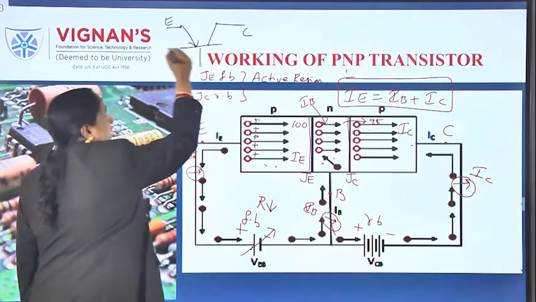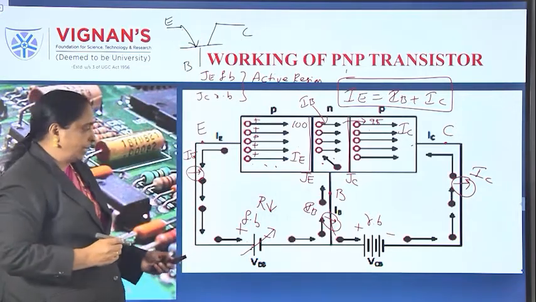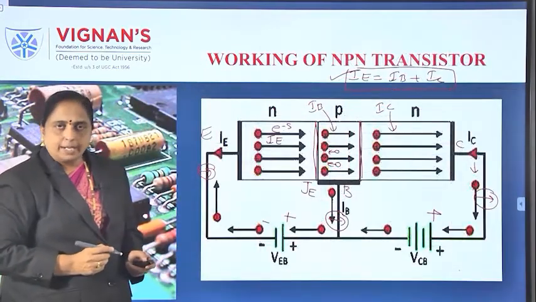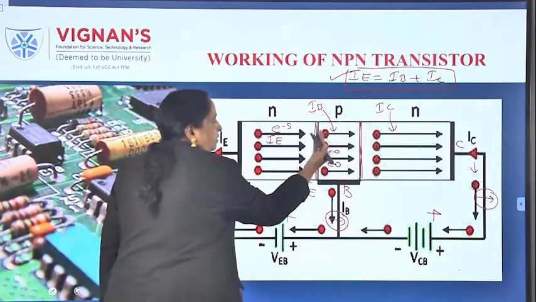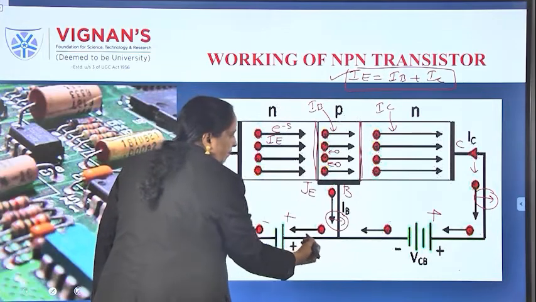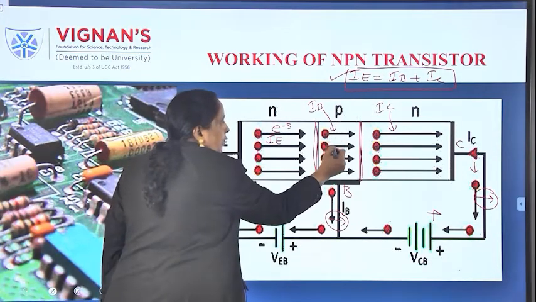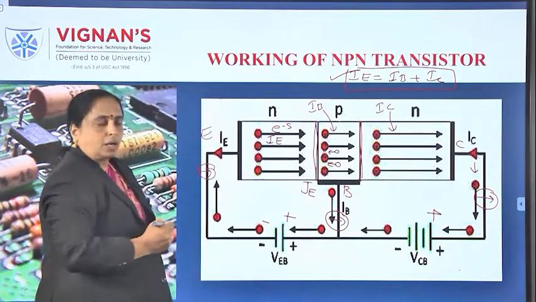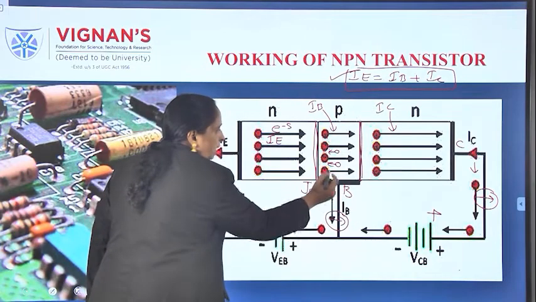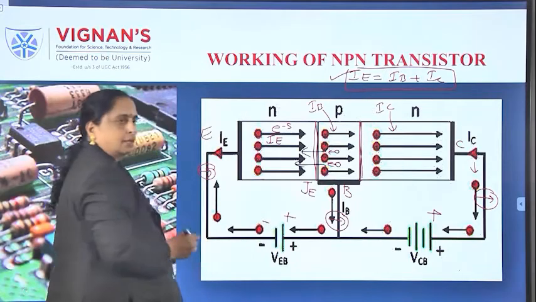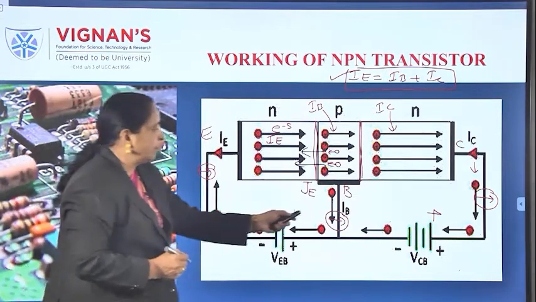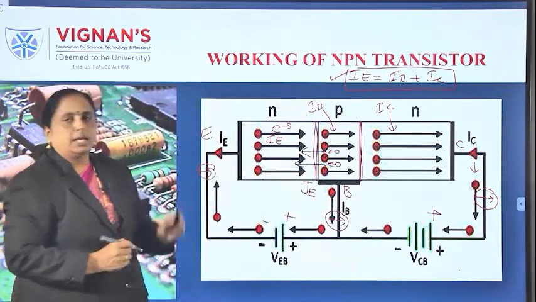The holes' direction is from emitter to the base. Then in the case of an NPN transistor, the electrons are majority charge carriers. Electrons are moving like this. At the same time, in the P material, holes are majority charge carriers. The holes are repelled by the positive terminal of the battery and move like this. So the holes' direction is from base to emitter.